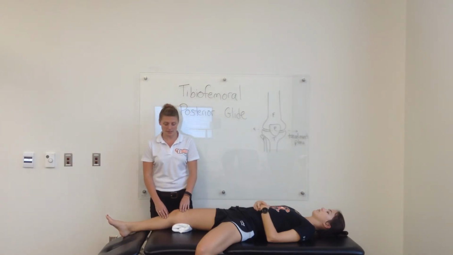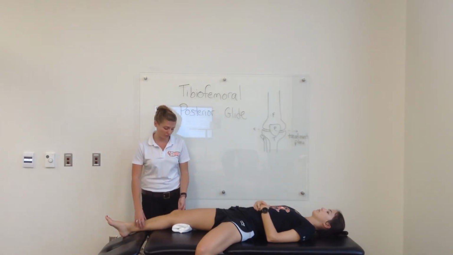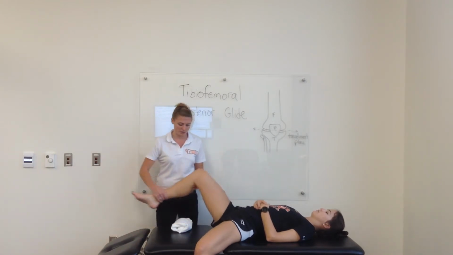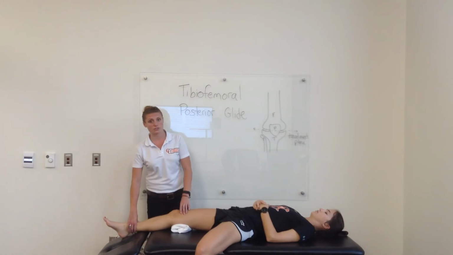And once it's been 30 seconds, then you can recheck their flexion degree and see if you've made any improvements. And then you continue to do the joint mobilizations if needed.